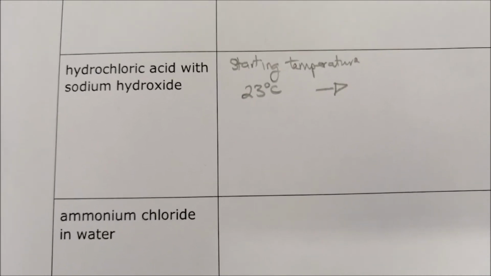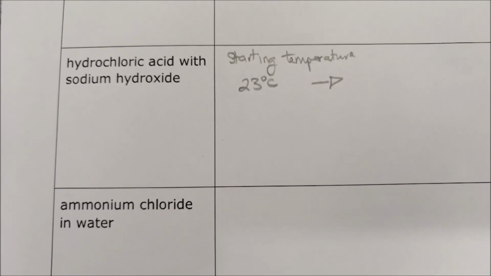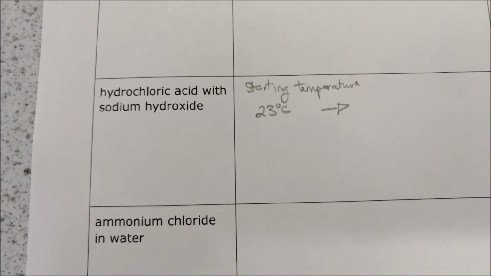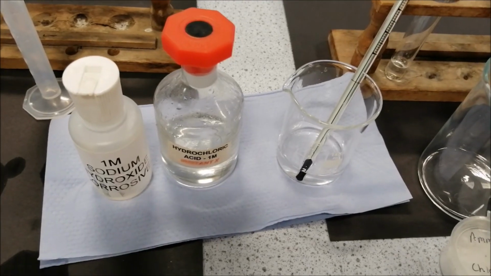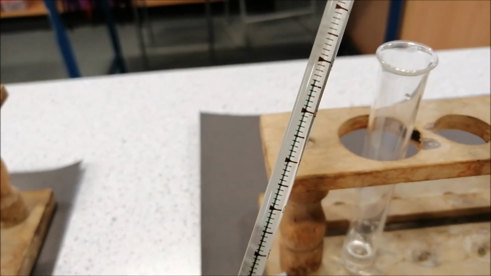The starting temperature is 23 degrees C. It's gone up to 25 degrees C. Okay, let's see if you can see that. If I hold it straight, now it's gone up to 26 degrees C, sorry. Okay, so we record that as well.